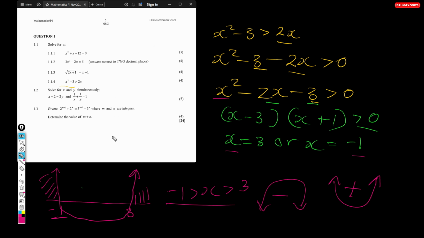This is what I usually do, just to say that where x is less than -1 and where x is greater than 3.